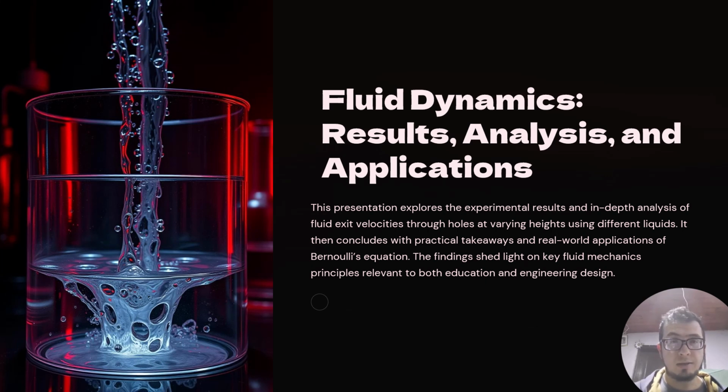Results and analysis. The results showed that for liquids, the lowest hole produced the highest exit velocity. This confirms that a greater liquid height above the hole results in more energy and higher velocity. It was also observed that salt water, having a higher density, moved slower than pure water.